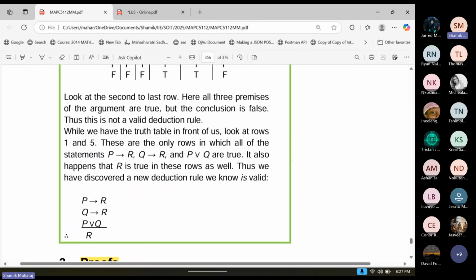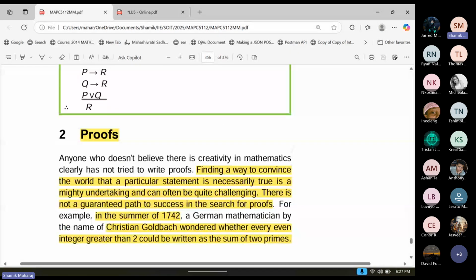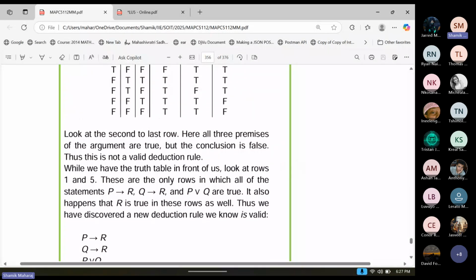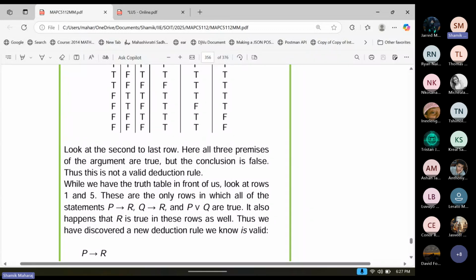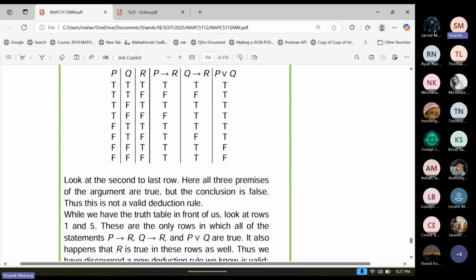Thus, we have discovered a new deduction rule. They're saying it's valid, which is stressing me out a little bit. And if I first look at rows 1 and 5, these are the only rows in which all of the statements are true. Okay, sorry guys, let me just see this quickly.